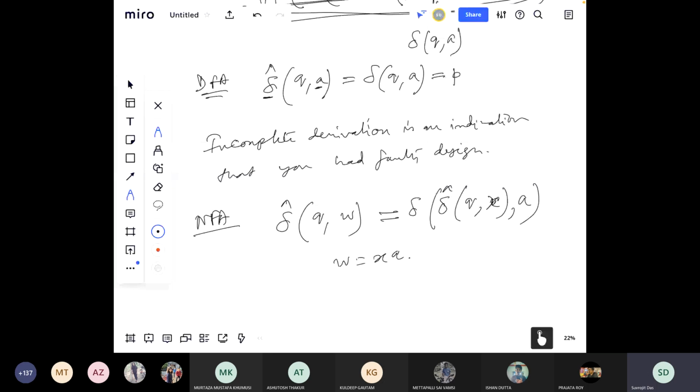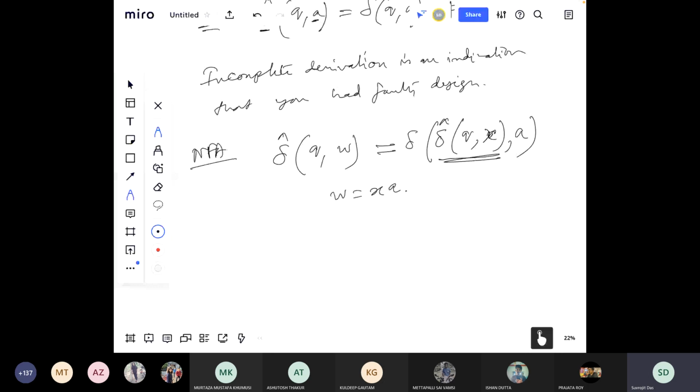The only difference with the DFA and NFA is now this is nothing but a set of states capital P, that may be a set of states P1, P2, right? Pk, a finite set of states, right? That is what we denoted with del hat. This is ultimately a set of states.